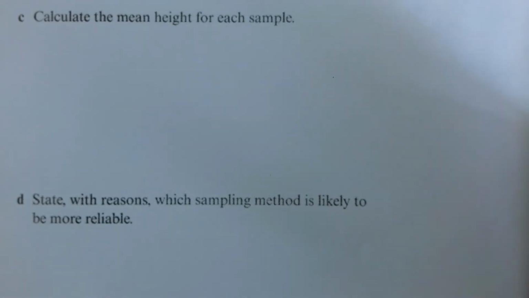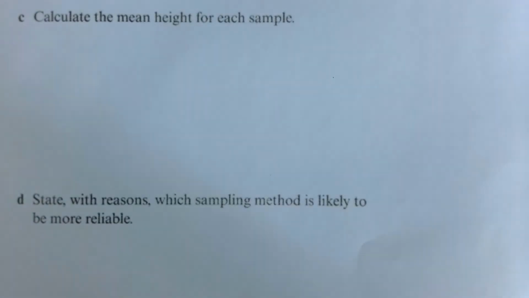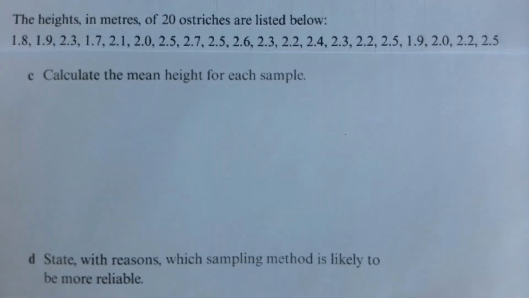Calculate the mean height. So you may need to go back to find what all the data was to do that, and then state with reasons which method is likely to be more reliable. So there's the values if you need those.